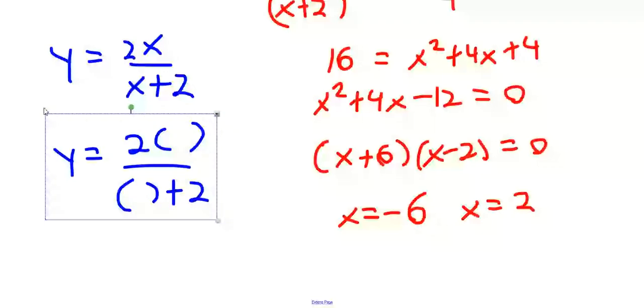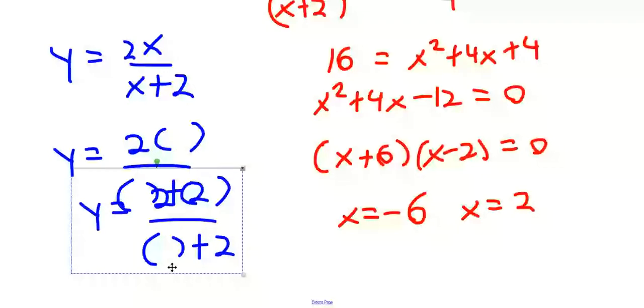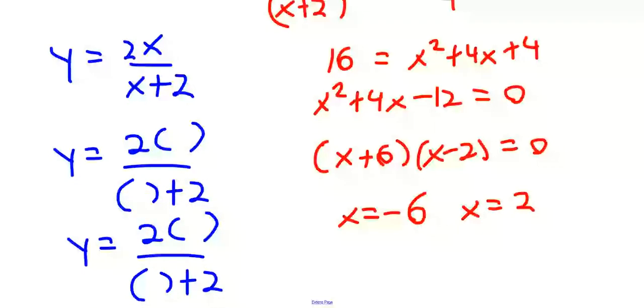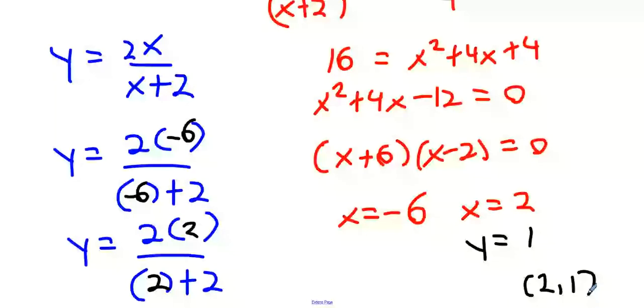And I have to do that twice. So you're going to put in minus 6 for the first one and 2 for the second one. I think I'm going to get a y value of 1, 2, 1. And the other one, when it's minus 6, is going to be 3. Is that the end of that?